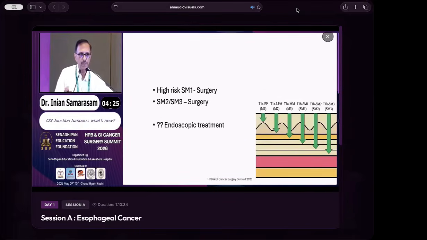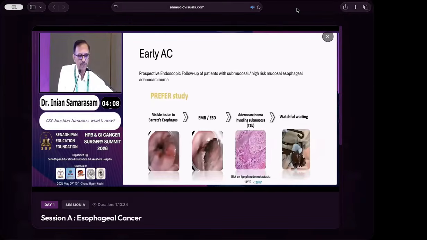However, the indications of endoscopic treatment are now being extended. There is now thought of extending it to SM2 and SM3 lesions as well, so submucosal lesions. Can we do endoscopic resection in these patients safely? These are some of the studies currently happening. This is the PREFER study, a prospective endoscopic follow-up of high-risk SM1 and submucosal disease.